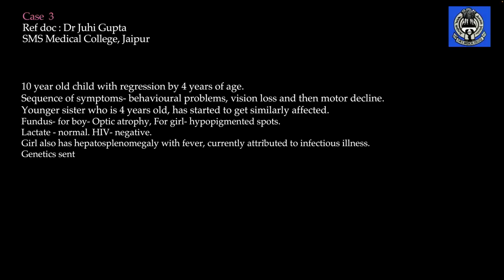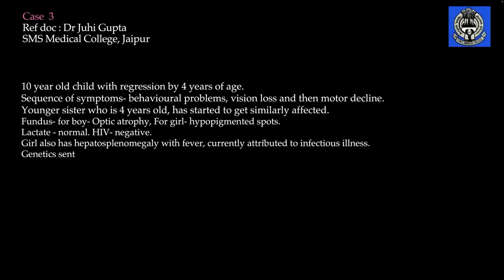So behavior, vision, and then motor decline, leading to a bedridden state for the last 4-5 years. Currently the boy is bedridden, malnourished, and clinically does not have much spasticity. Fundus shows optic atrophy, and the reflexes are brisk.